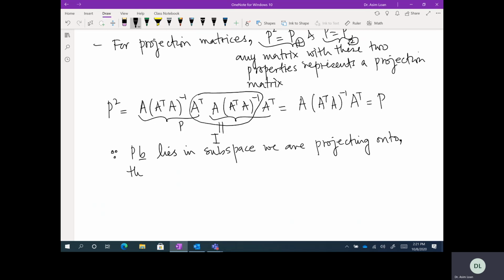Therefore, by projecting again, nothing changes. Nothing has changed.